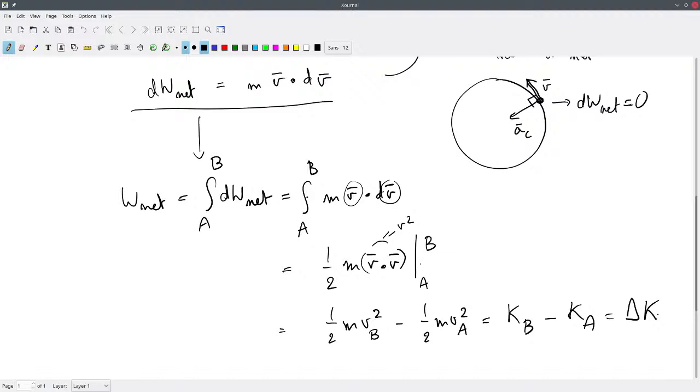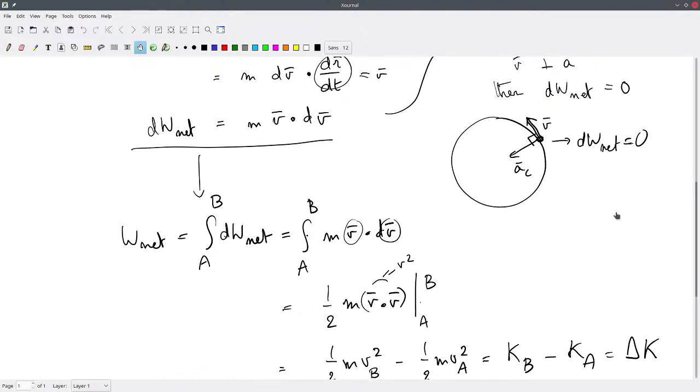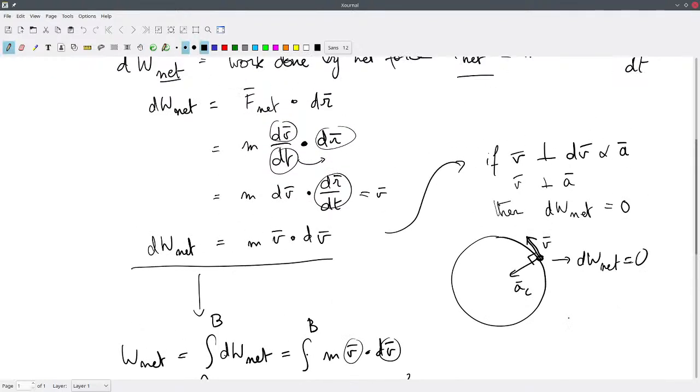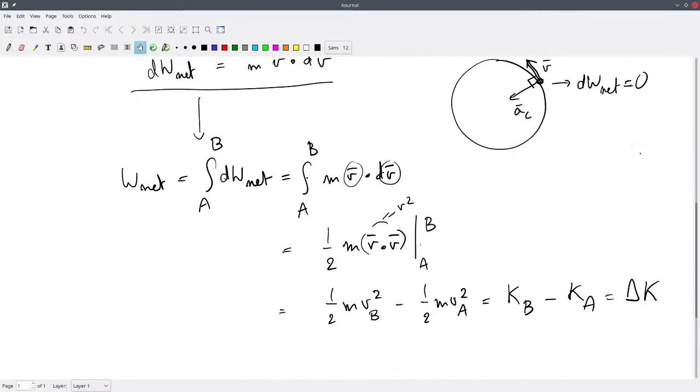So there's a couple of places where we do the kind of physics approach to calculus here. One of those is when we move the dt over to the dr, and then another one is where we do this integral here while using the vectors as a dot product.